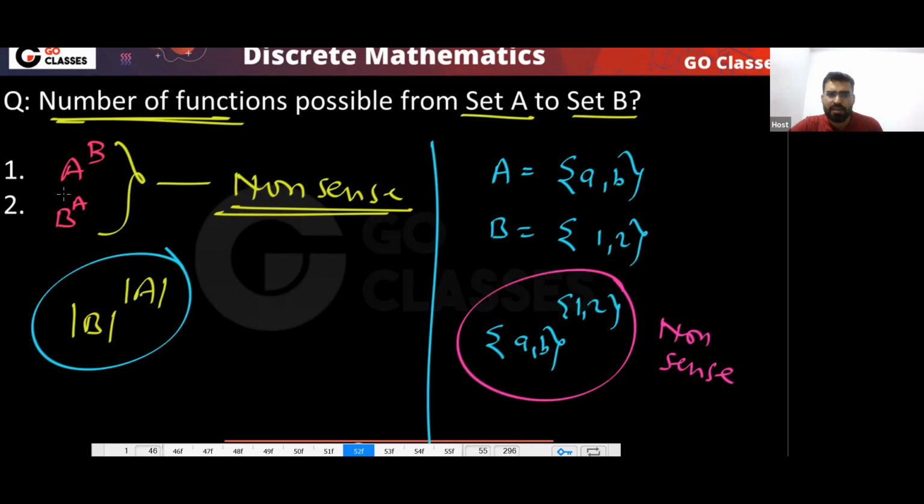Anyway, this is not a trap. Don't worry. In the GATE exam, in any exam, they will not ask you this. I just want you to have a clear understanding. The answer will be cardinality of B power cardinality of A, the number of elements in B power number of elements in A. This is nonsense, and this is also nonsense.